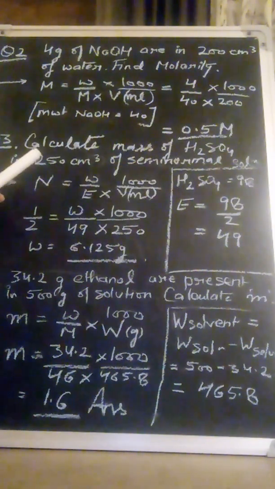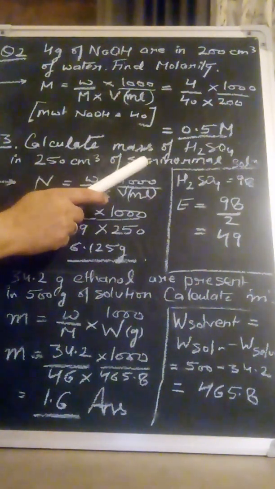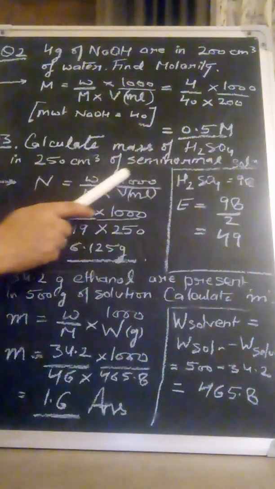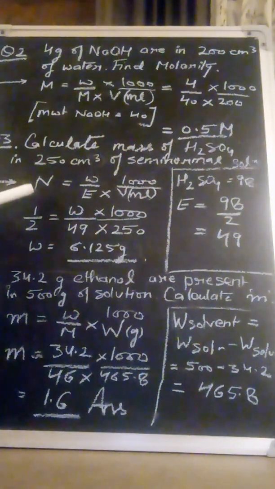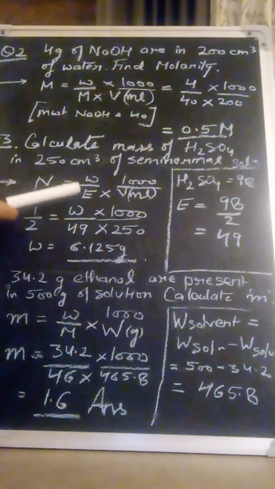And they have given the normality of the solution, semi-normal. What do you mean by semi-normal solution? Semi-normal means normality is 1 by 2. So this time normality is given and you need to find out the mass of the solute, that is H2SO4, in this question. So you write the formula: normality is weight upon equivalent weight.